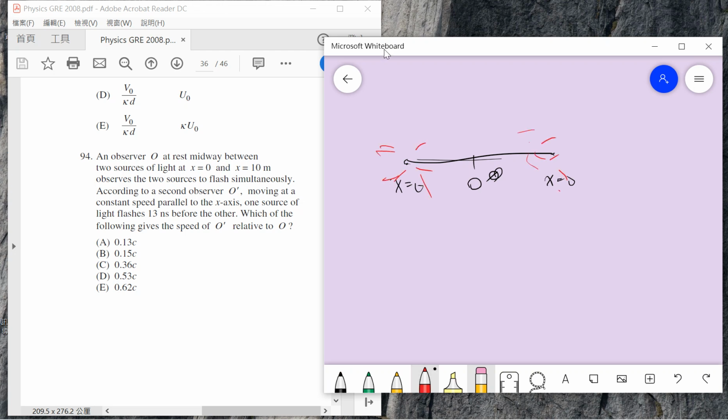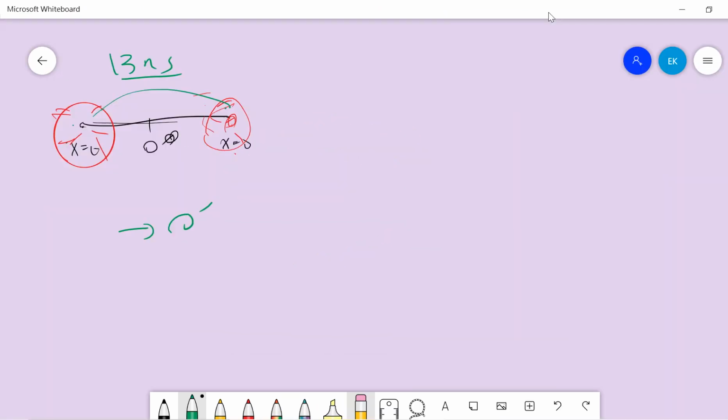From the O perspective, you see that two lights shine together. And for some strange O prime, he sees that one of them flashes 13 nanoseconds earlier, and we want the speed of this one.